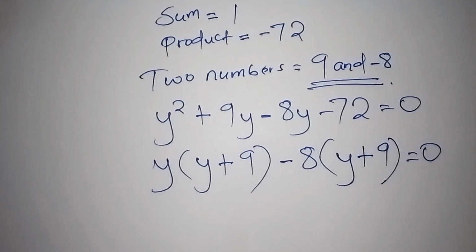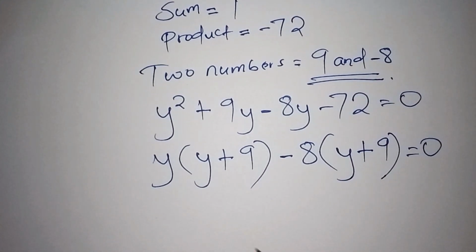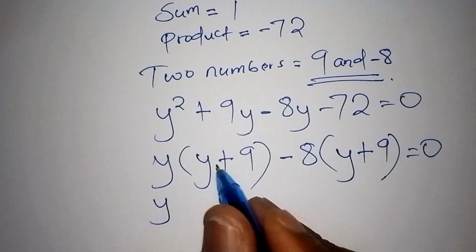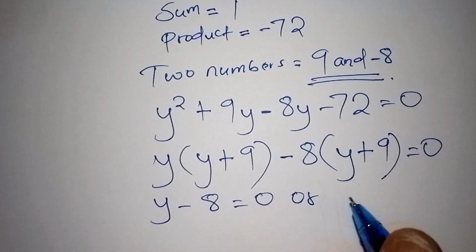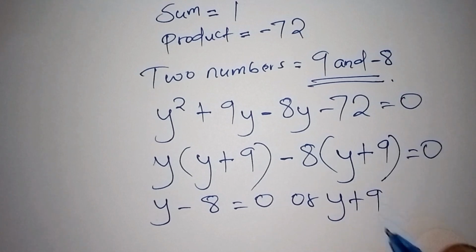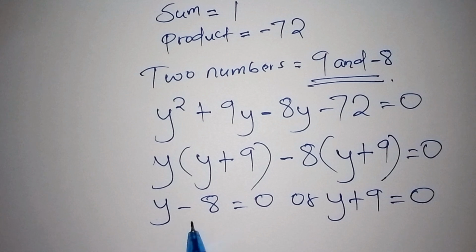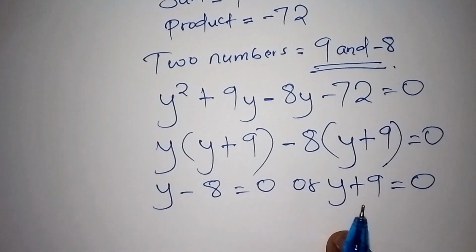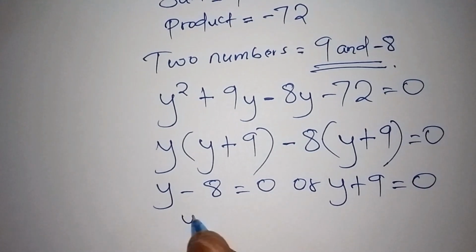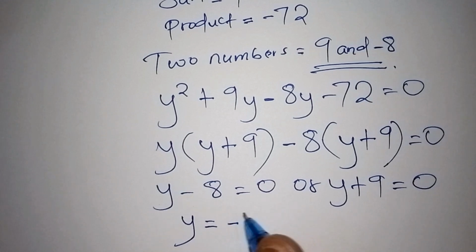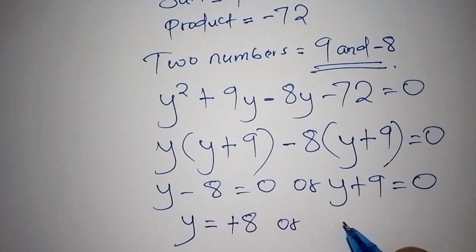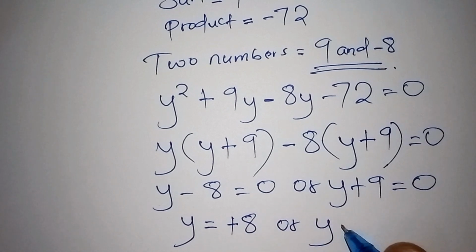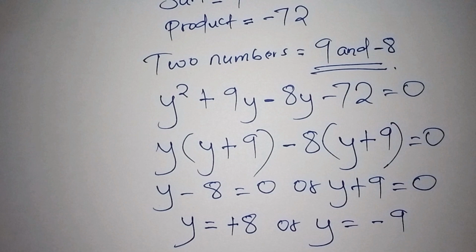When we group all of them, we end up with y minus 8 is equal to 0, or y plus 9 is equal to 0. So the value for y is positive 8, or y is equal to negative 9.